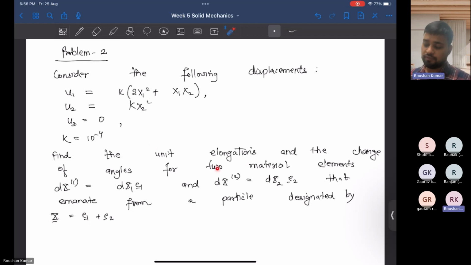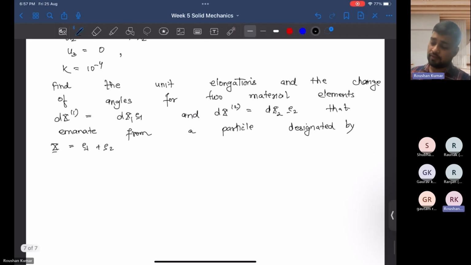Emanate means it's coming from the particle itself. So here also we have to find the unit elongation in each material element and the change of angle of the two elements. So we have to find the two longitudinal strains, and also the shear strain between these two line elements.